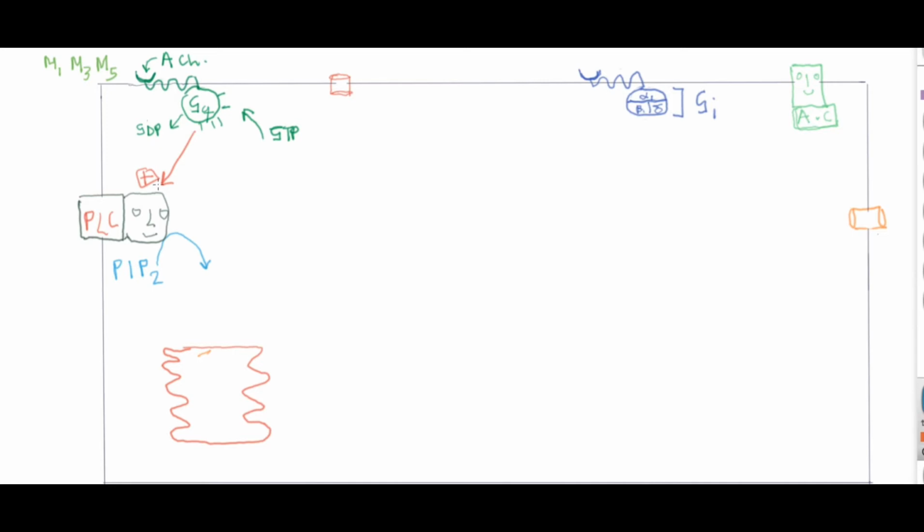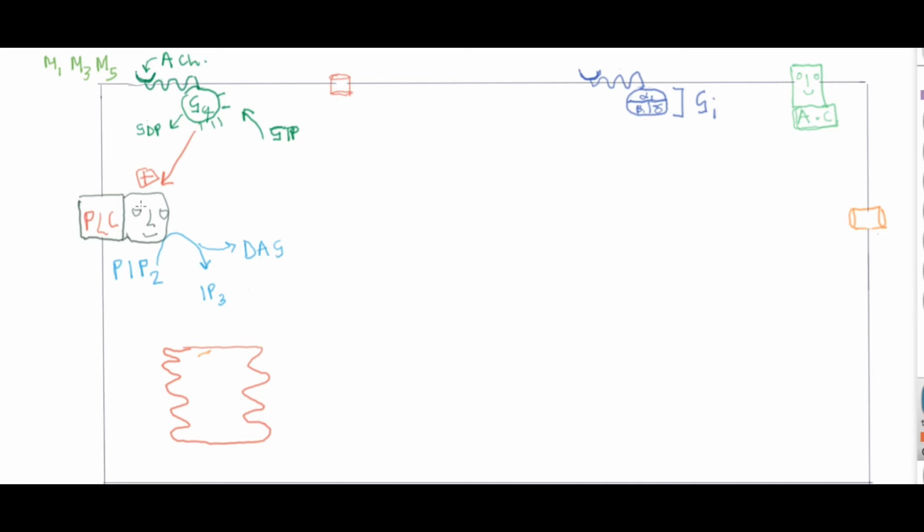The first one is IP3, inositol triphosphate, and the other thing is DAG, or diacylglycerol.